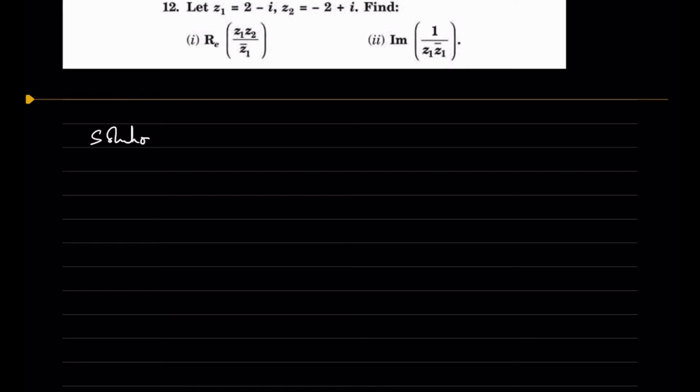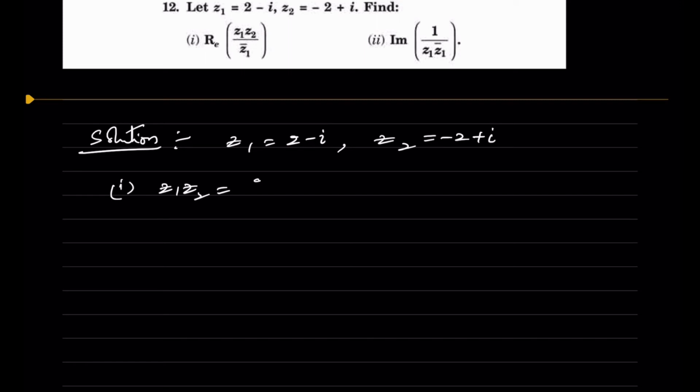We'll see. Now here it is given that z1 is equal to 2 - i and z2 is equal to -2 + i. So in the first part, what is z1 into z2? It is (2 - i)(-2 + i).